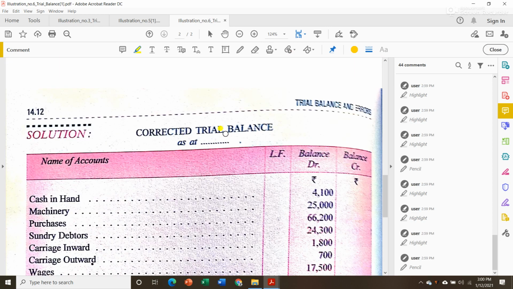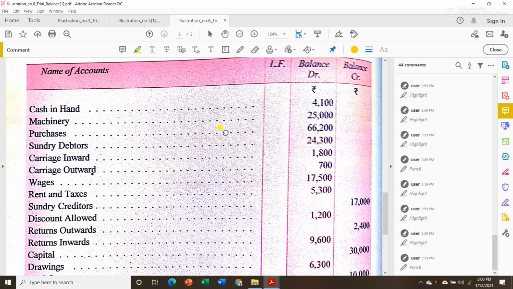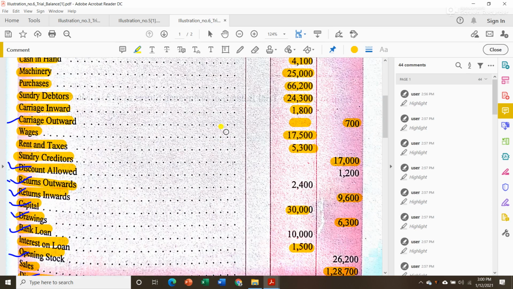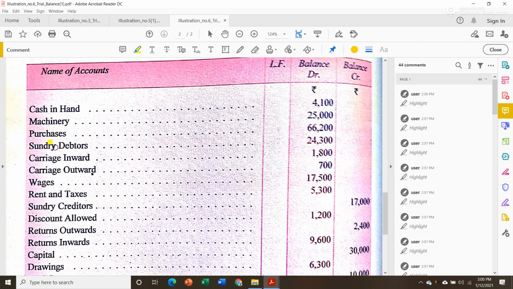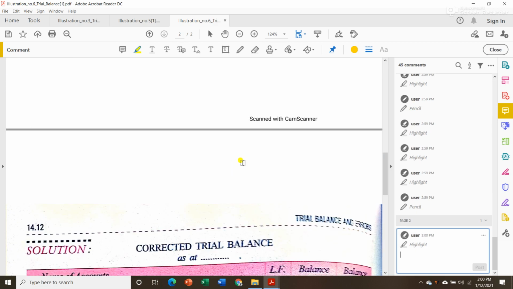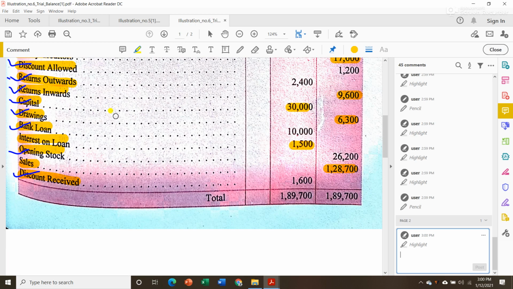Now let us see. The first mistake that we found was carriage outward. Carriage outward here should be in the debit side. Then the next mistake we found was discount allowed. It should be in the debit side.